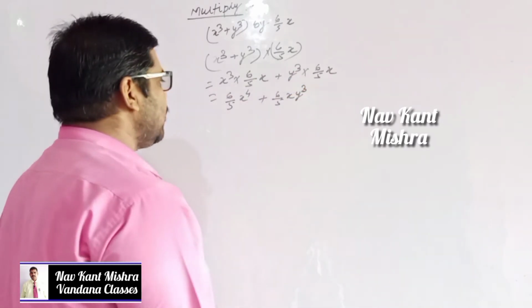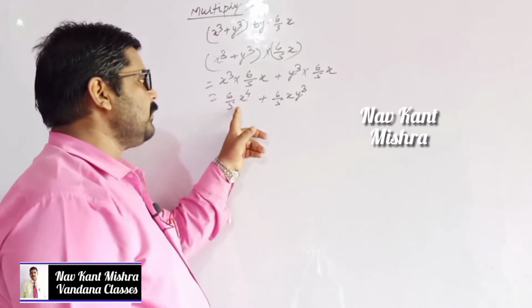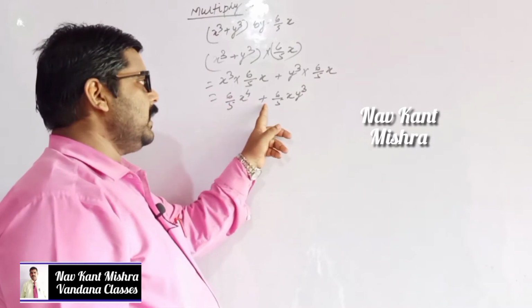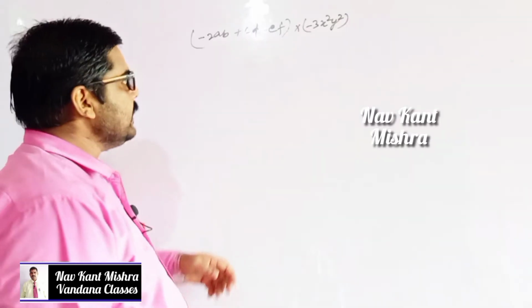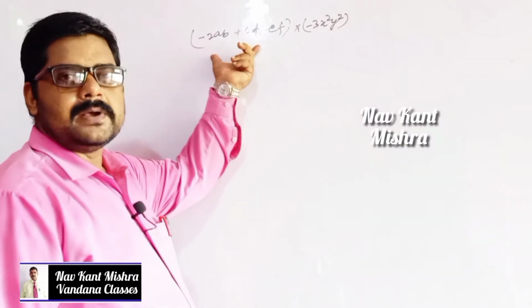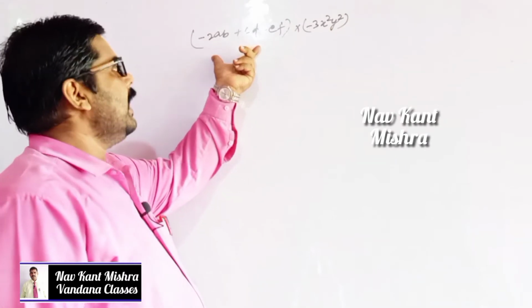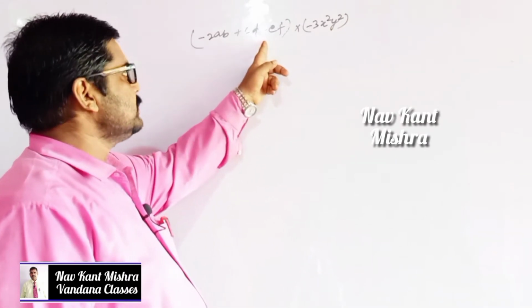So after multiplication you get the result 6 upon 5 x to the power 4 plus 6 upon 5 x y cube.